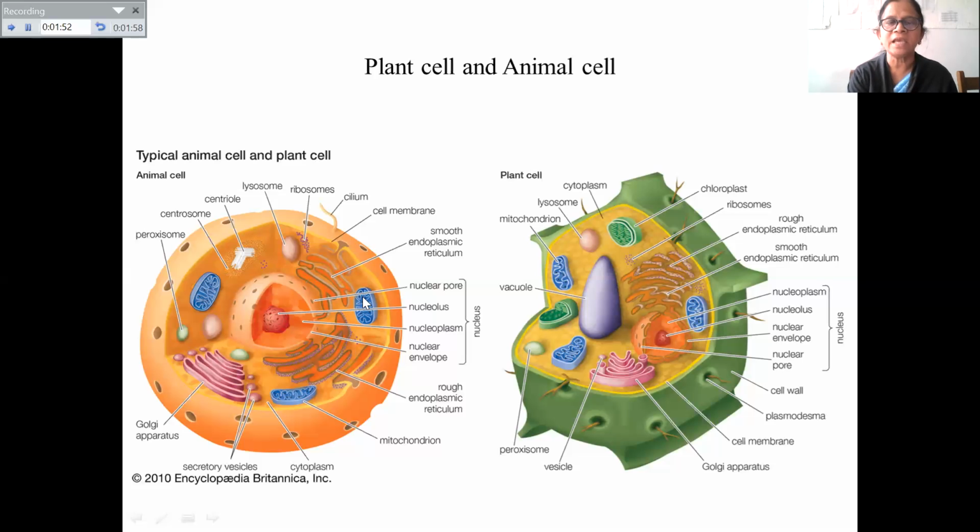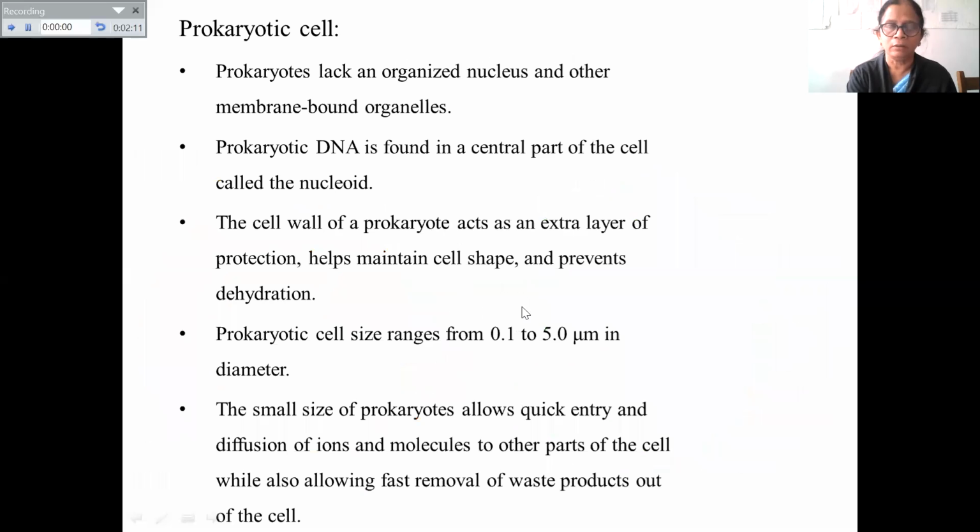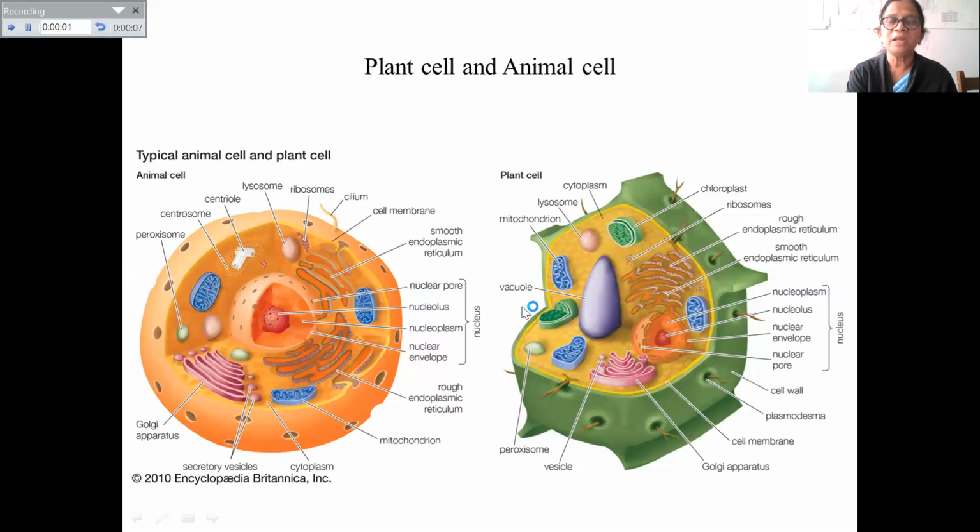Then in animal and plant cell, both, the cell membrane as well as the plasma membrane is present. So in both, this is not actually a difference, because the plasma membrane is present in plant cell as well as in animal cell. Then the Golgi body or Golgi apparatus is present in plant cell in the form of dictyosome.